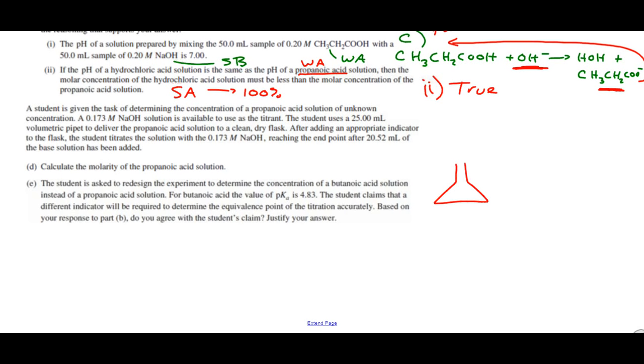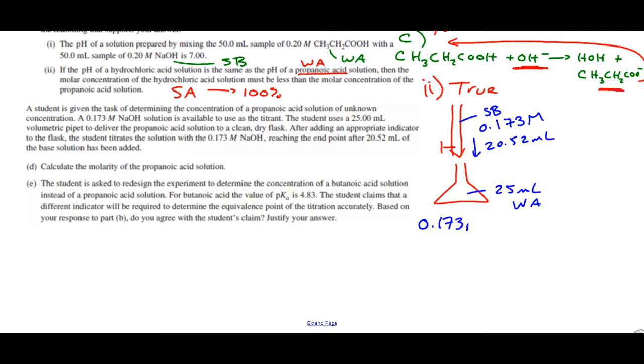So hold on. Let's make sure we understand what's happening here. So this is my burette. What it's saying is I had exactly 25 mL. Let's call it my weak acid, so I don't have to write out propanoic acid. I had my strong base right here, and I used 0.173 molar, and it said that I dropped 20.52 mL of my base. So it says calculate the molarity of my propanoic acid. This looks like M1V1 equals M2V2.